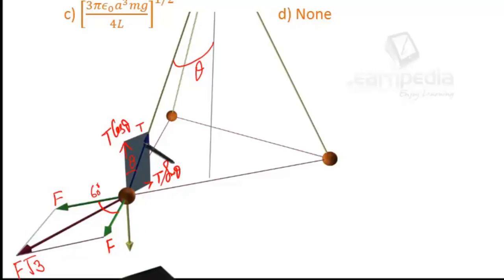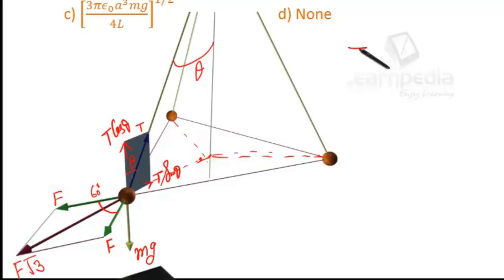I have taken two components of this tension along the vertical direction, and one component is against the resultant of these three. So this particular plane must be passing through the centroid of the triangle. On this vertical line somewhere there must be the center of this triangle. Here you can see clearly that this is mg, the weight of the body.